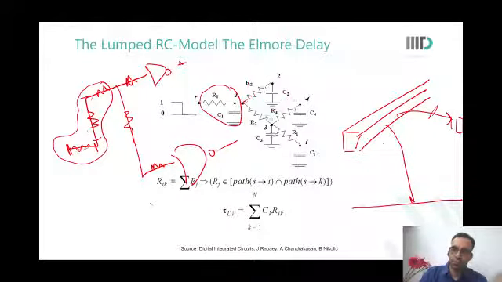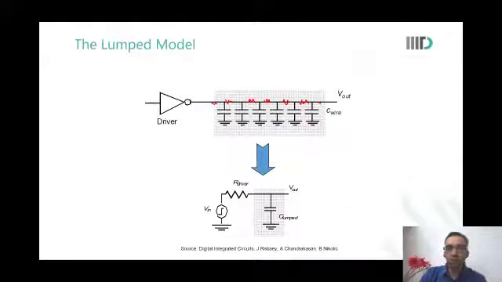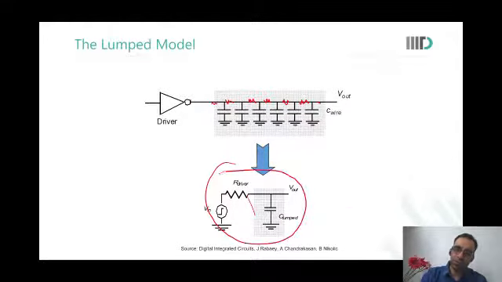But what is the difference between the lumped and the distributed one? In lumped, we have no resistance modeled, and all the capacitances are simply added.